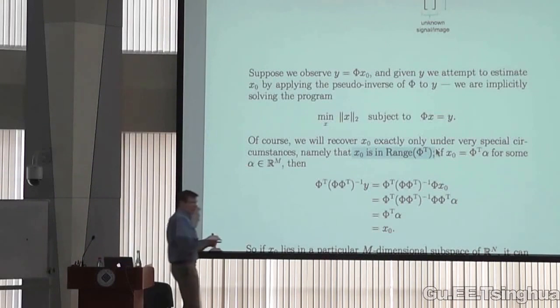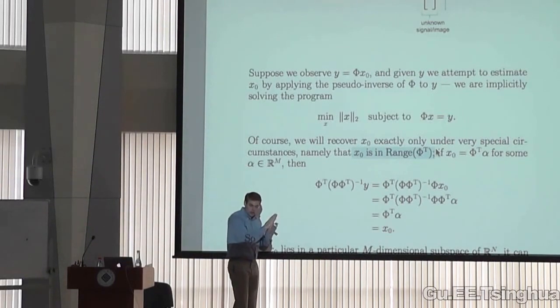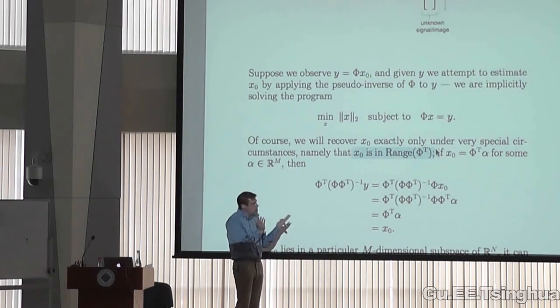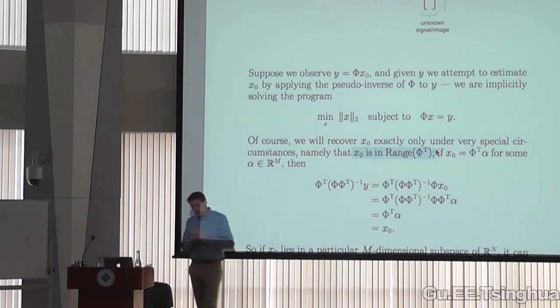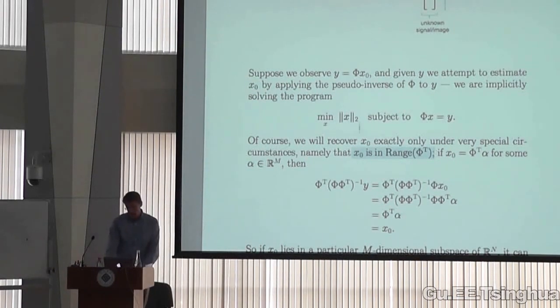So that's a very linear model for what's going on. We're saying it lives in this linear subspace. And it's actually pretty easy to see that for this particular linear subspace, which has dimension m if there are m rows, I can exactly recover x by solving this program here.